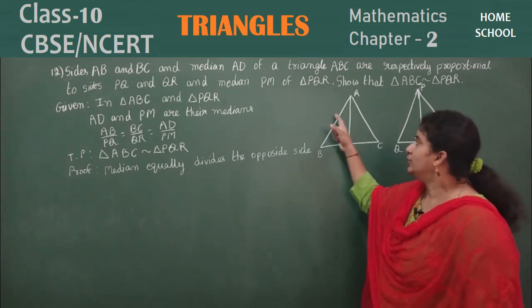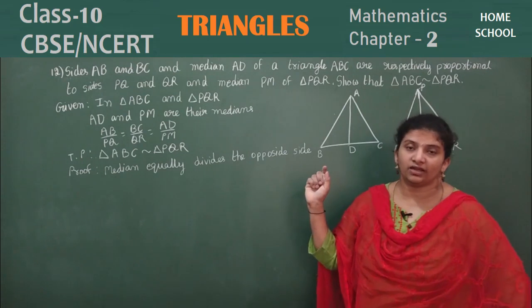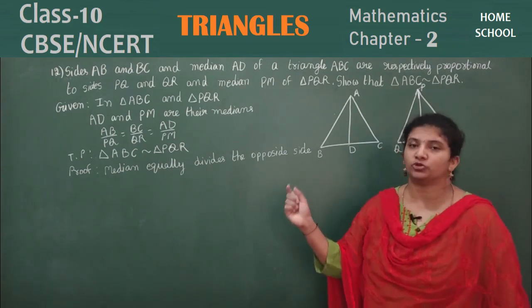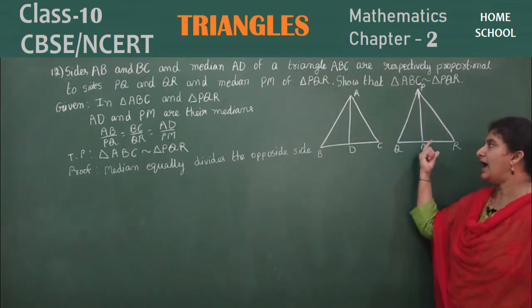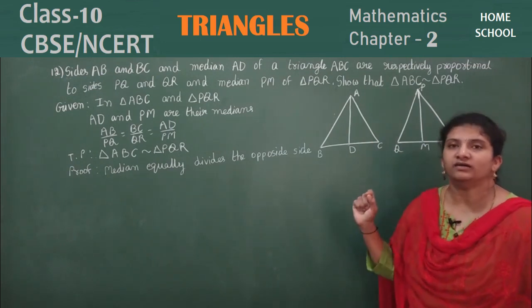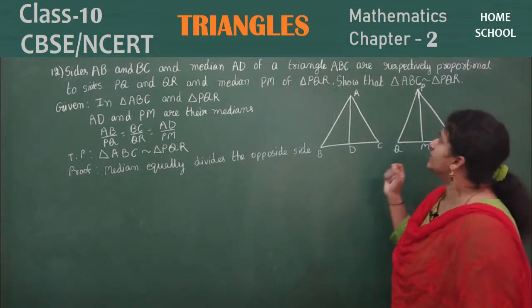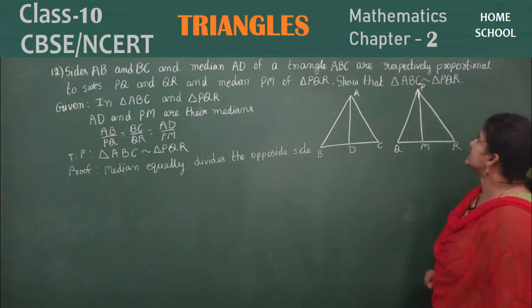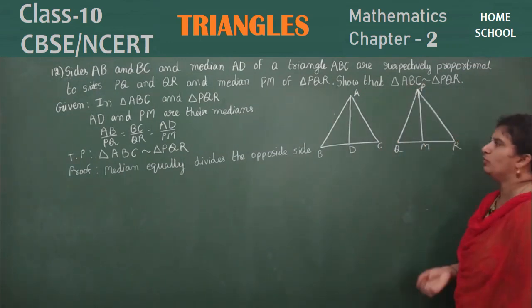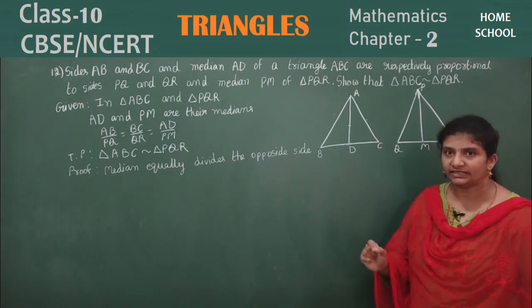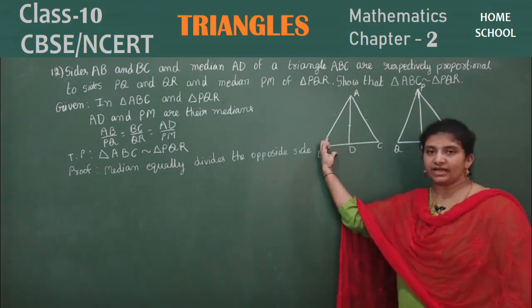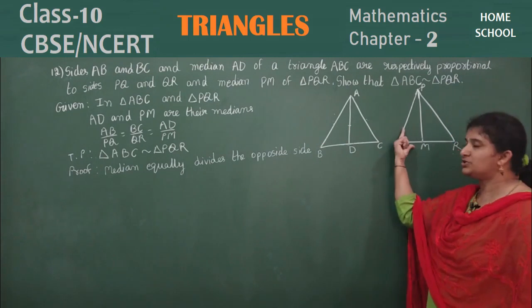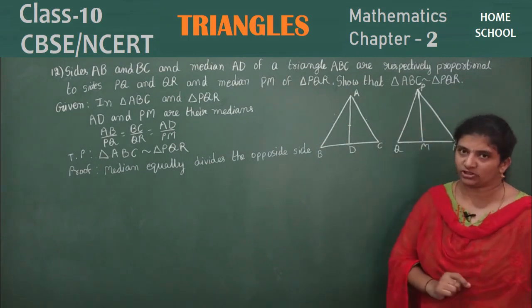Two sides and a median of one triangle are proportional to two sides and a median of another triangle. So, what is your question here? Show that triangle ABC is similar to triangle PQR. But what is the condition given? These two sides and median are proportional.